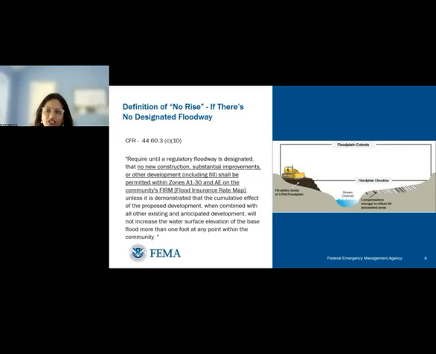It states that communities shall prohibit encroachments, including fill, new construction, substantial improvements, and other developments within zones A1 through 30, which are the old zones, and AE on the community's FIRMs, unless, without a designated floodway on the FIRM, the community demonstrates that the cumulative effect of the proposed development along with other existing developments will cause no increase in water surface elevations of more than 1 foot at any given time, since we're still talking about the NFIP regulations here.